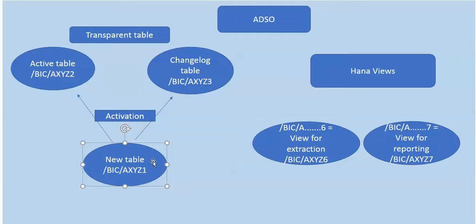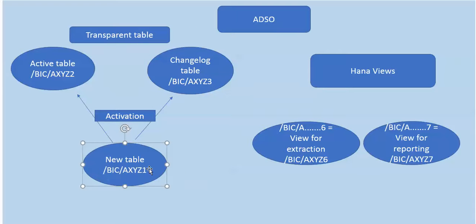The technical name of the new table will start like /BIC/AYXYZ1, where the name of the ADSO is XYZ, followed by the remaining format. So /BIC/A and 1 is the format for the new table. Similarly, for the active table it is 2, and for the changelog table it is 3.